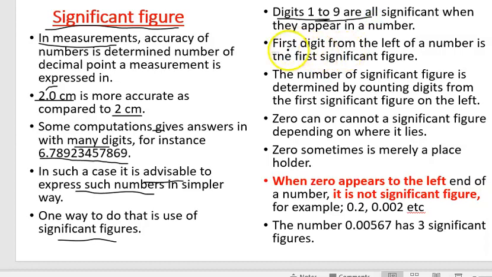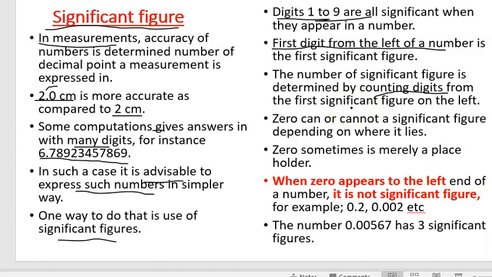Now, the first digit from the left of a number is usually the first significant figure. So significant figures are counted from the left to the right of a number. Therefore, the number of significant figures is determined by counting digits from the first significant figure on the left as you move to the right.